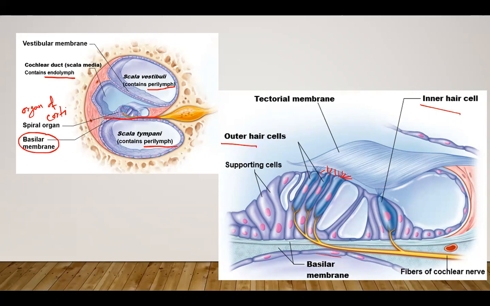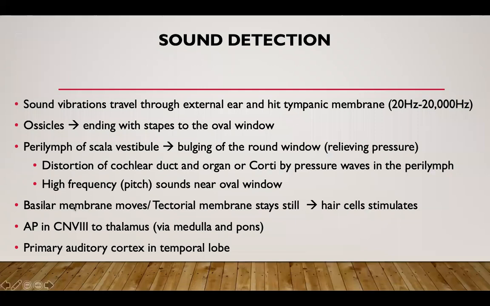Now, the stimulation of the hair cells gets picked up by these yellow nerve endings that you see right here, which eventually join together to form your cochlear nerve, which is cranial nerve number 8. So, basilar membrane moves, tectorial membrane stays the same, hair cell gets stimulated. That stimulation, because these are nerve cells, gets converted to action potentials, electrical impulses, that travel up through cranial nerve number 8 to your thalamus, through either your medulla oblongata or your pons.